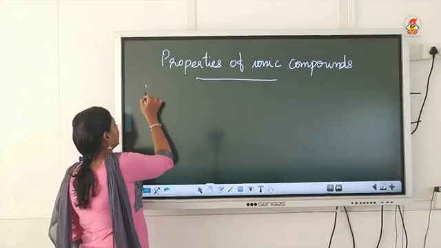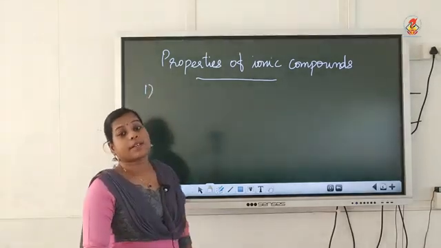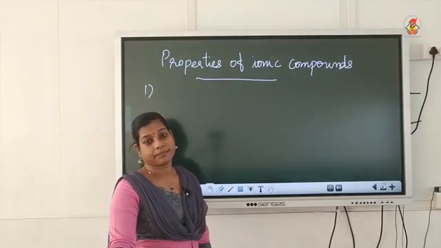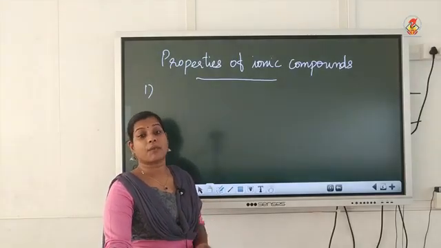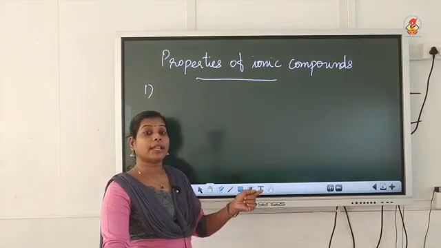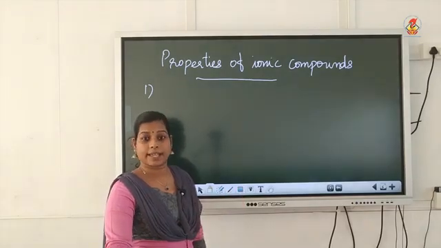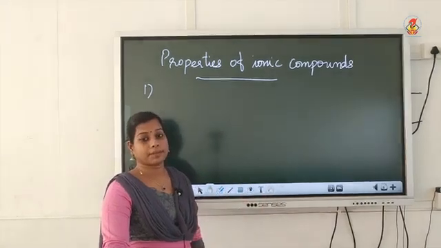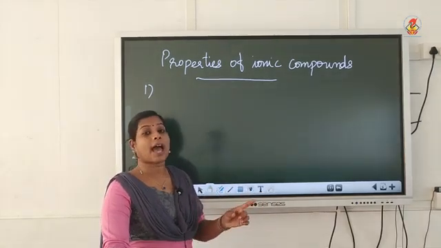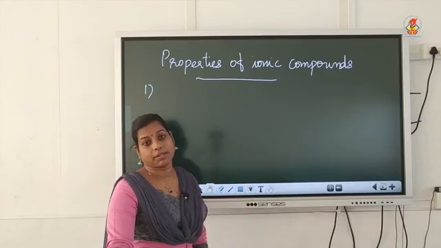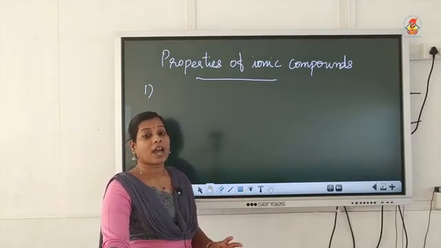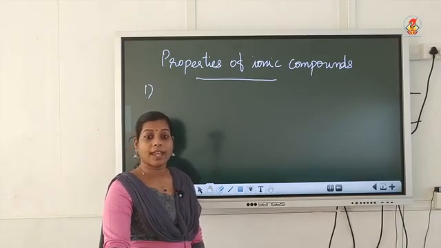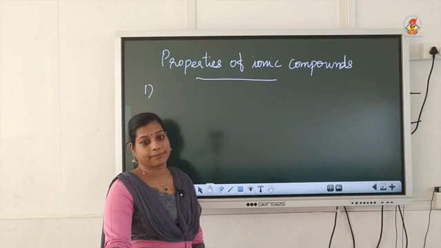First property, we know that most of the ionic compounds are crystalline solids in nature. They have a very high force of attraction between the oppositely charged ions that we have seen. Positive and negative ions are produced there, and they will have a high force of attraction between them. So they all exist in the solid state. As the force of attraction is very high, they will be in the solid state.